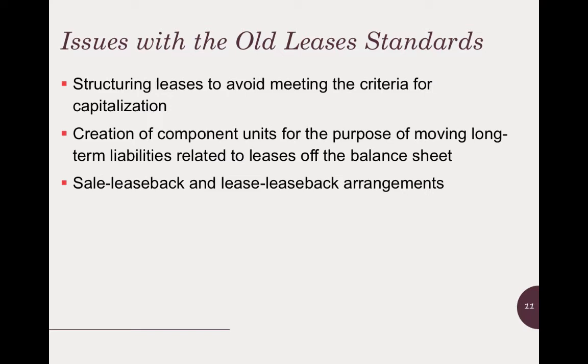So you have contracts that are economically exactly the same, and yet one of them results in the reporting of a capital asset and long-term liability because it's 75%, say, of the useful life of the leased asset, and there's another contract that's 74.9% of the estimated life of the leased asset, and that's treated as an operating lease, and you don't report a capital asset, and you don't report a long-term liability. And I think everybody has been well aware on both the private sector side and the public sector side that that's really not a very good accounting outcome.